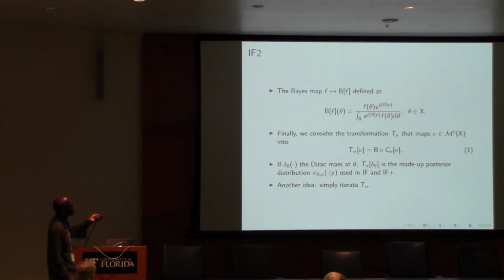So this is the Bayesian map where the prior is f. And then I'll compose these two maps. So given my prior measure mu, I convolve it with the Gaussian kernel by adding a little bit of noise to it, get that as a distribution, and use that distribution as a prior to get a posterior distribution out of it that I'm calling T sub sigma.